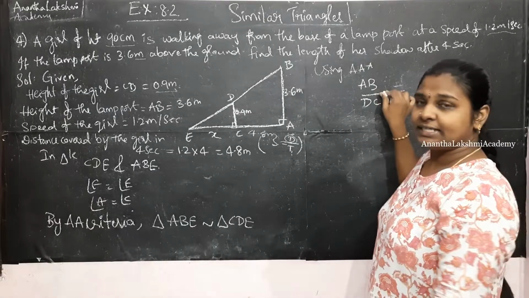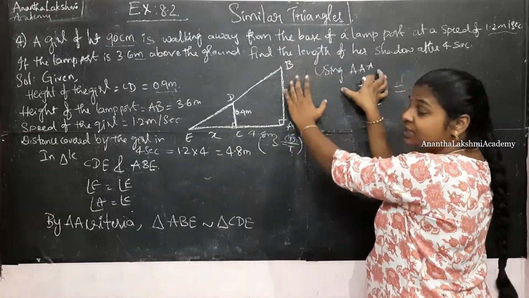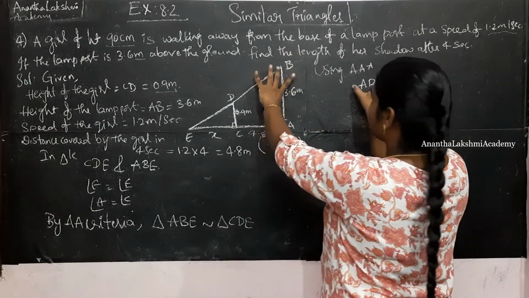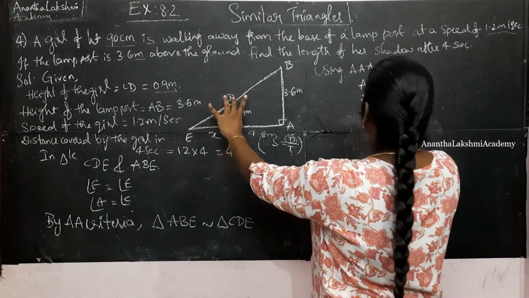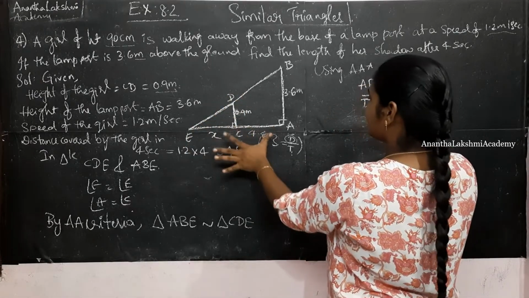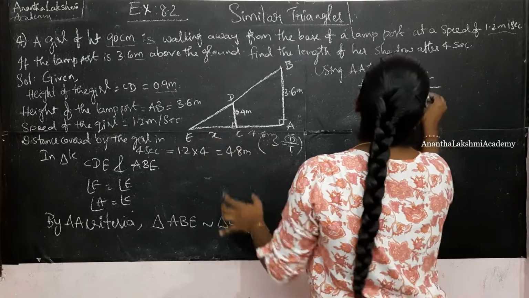Here the corresponding side ratios are also equal. In the numerator, I am going to consider the bigger triangle's side. AB by CD is equal to the base of the bigger triangle, which is AE by CE.